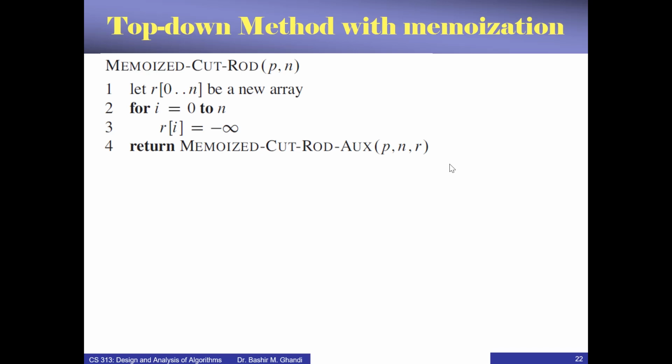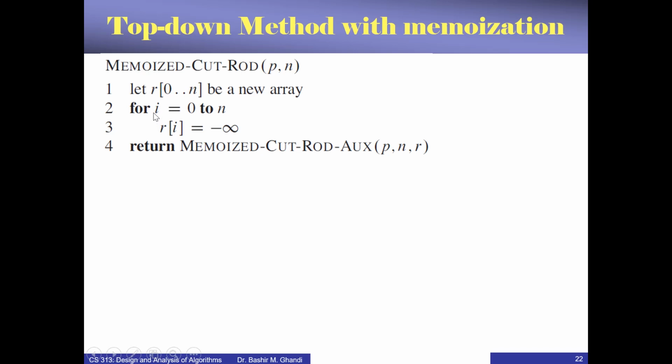All right, so like we saw with the Fibonacci, the procedure is again divided into two parts. The first part just initializes the table. So here is the memoized cut rod routine. It receives two inputs: the price table P and the length n. The first thing it does is create an array of size 0 to n, because we're going to have R0, R1, R2, and so on until Rn.